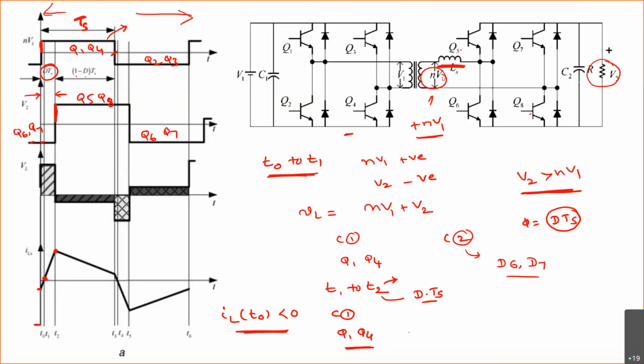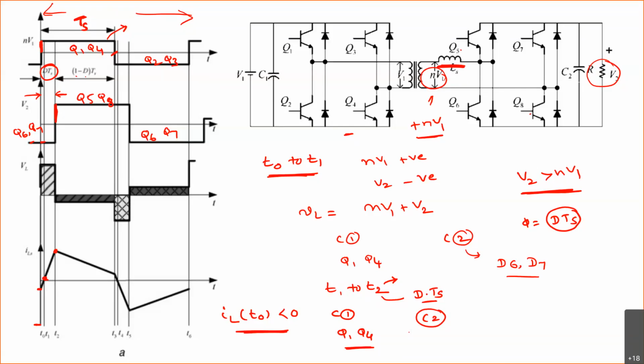In converter 2, which switches are conducting now? Q6 and Q7. Q6 and Q7, right? Agree?